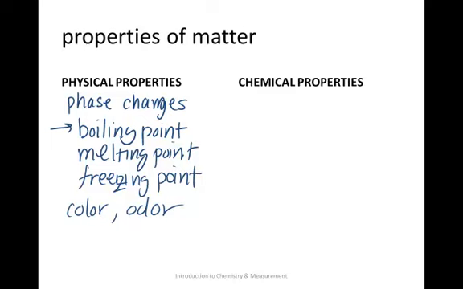Gasoline certainly has an odor, but it still doesn't rearrange the atoms within the molecules inside of a gasoline sample, and so those would be termed physical properties. Another very simple physical property would be shape. You can tear a piece of paper in half or bend a piece of metal into a certain shape, draw it into a wire. You're changing the physical appearance of that material, but you're not doing a chemical change, so of course that is a physical property.